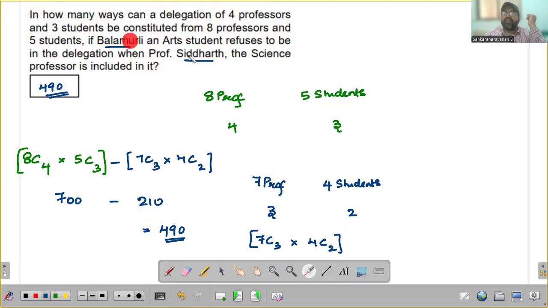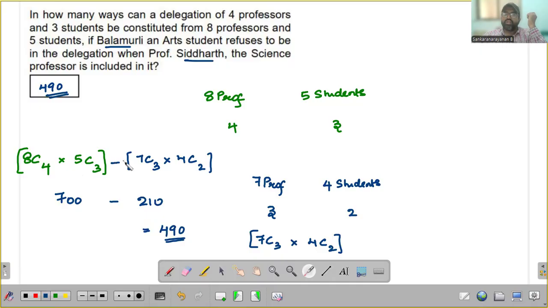Considering the case where Balamurali and Professor Siddharth are already in the delegation, your job is now to select 3 more professors from the 7 remaining professors, and 2 more students from the 4 remaining students. The number of ways you can do it will be 7C3 into 4C2.